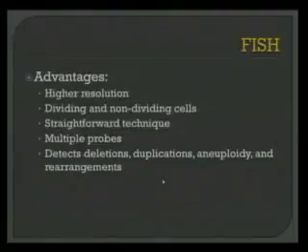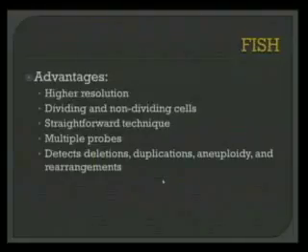Okay, so as far as FISH, it does have better resolution than the chromosome, so you can look at smaller things versus those larger structural abnormalities. With chromosome banding, the minimum is about 6 megabases, and with FISH, it's about 2 megabases, so you do have higher resolution with FISH. FISH can be applied to both dividing and non-dividing cells, but typically it's used on those metaphase cells that we use in a karyotype.